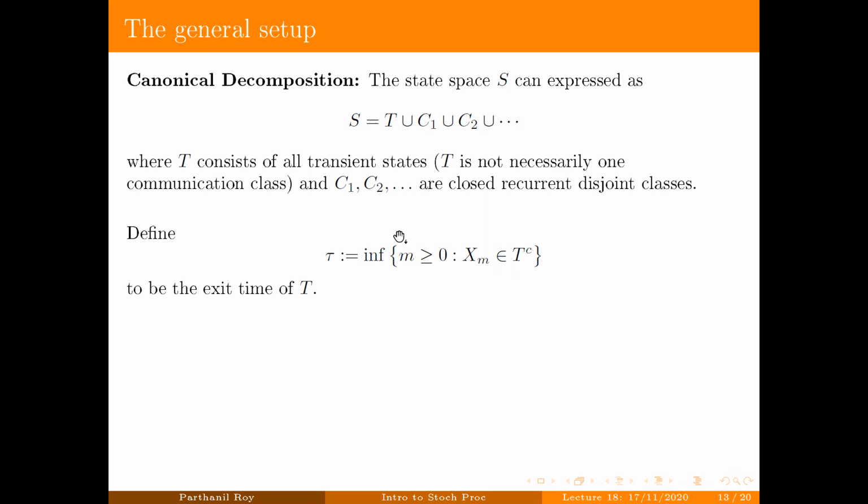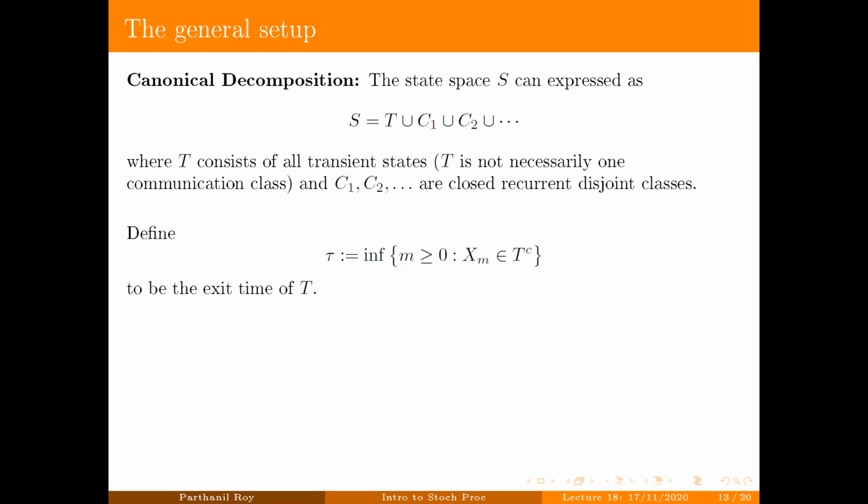And of course, in the Gambler's ruin problem, this tau was finite with probability 1. Starting from A, tau was finite with probability 1. The T complement just means two states, 0 or A plus B, and this was finite with probability 1. In general, there is no reason why this should be the case.